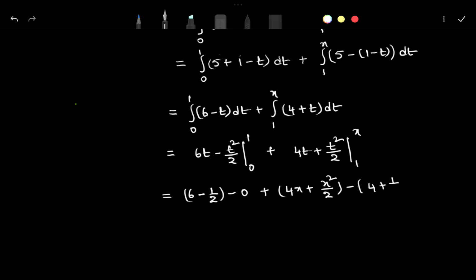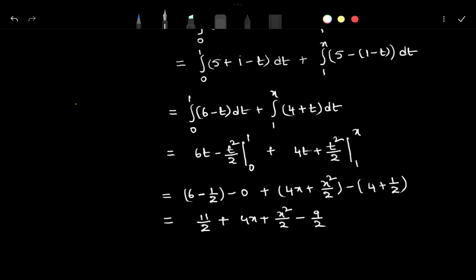The lower limit is t equals 1, so 4 plus 1 by 2. Now simplify this value. 6 minus 1 by 2 is 11 by 2. So 11 by 2 plus 4x plus x square by 2, minus, here 4 plus 1 by 2 will be 9 by 2.